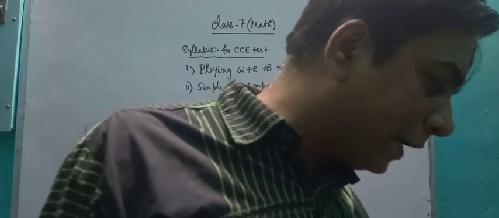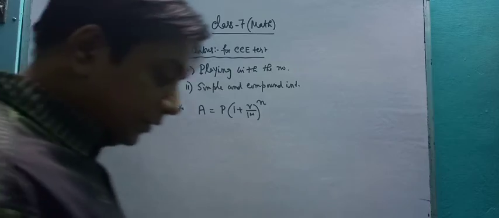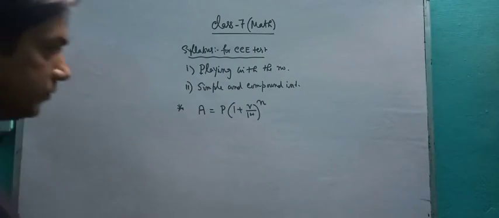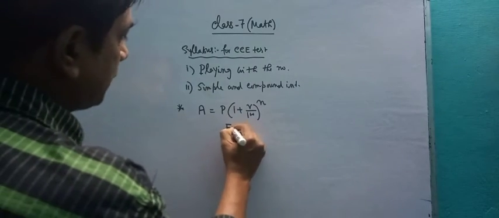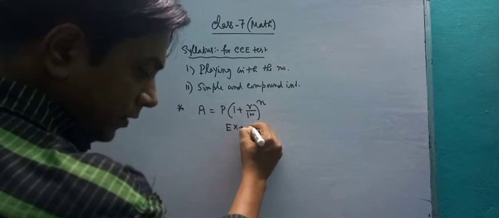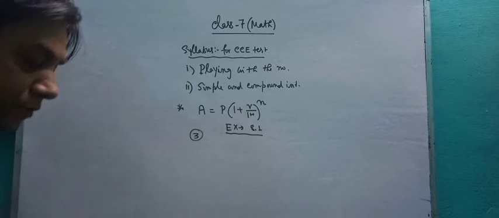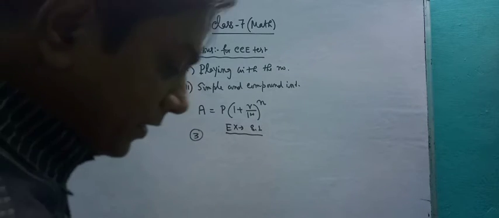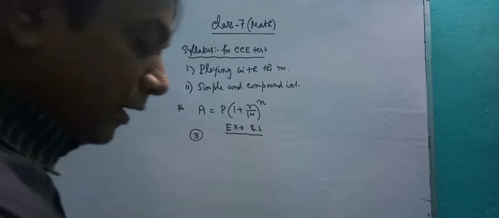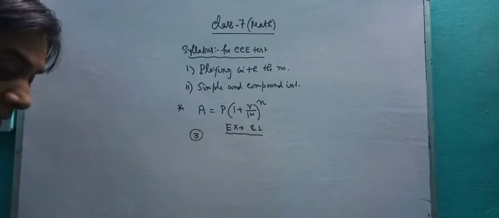So now, just for recap purposes, let me discuss some maths with you. Suppose exercise 8.1, question number 3. I'll discuss one math from there. Question number 3 says, find the rate of interest when 800 rupees becomes 130 as simple interest in 2 years 6 months.